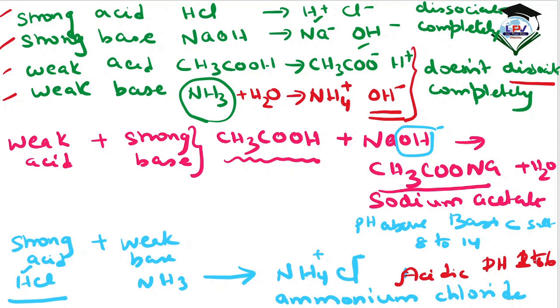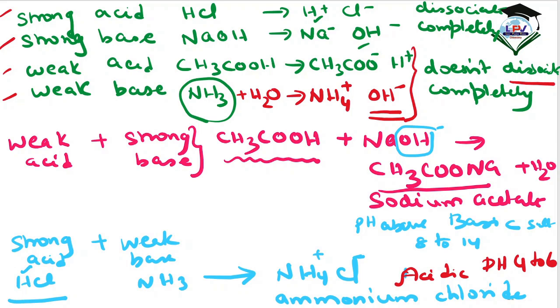Let's exactly know what the ammonium chloride's pH is. Ammonium chloride will have a pH of 4 to 6. It is highly soluble in water and it gives a mildly acidic solution ranging from 4 to 6. So it is pH 4 to 6.